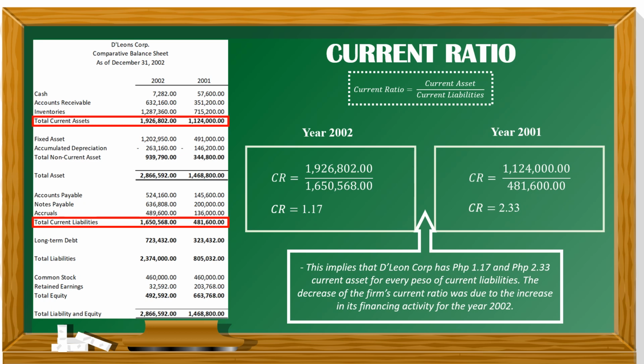The decrease of the firm's current ratio was due to the increase in its financing activity for year 2002. As you can see here, the total current liabilities in 2002 significantly increased from 481,600 to 1,650,568.